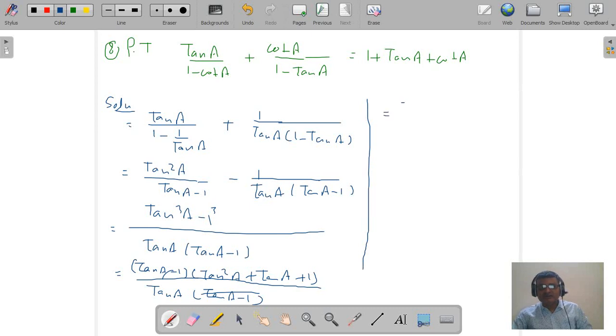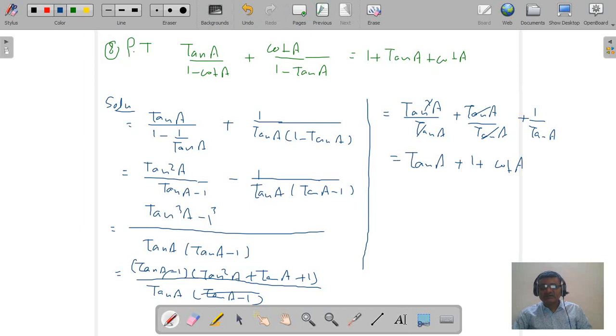So what we can do is now tan square A upon tan A plus tan A upon tan A plus 1 upon tan A. So tan A cancels, and this gets cancelled. So it is tan A plus 1 plus cot A. So we have just proved tan A plus cot A plus 1, which is the right hand side. So you have seen how we are using identities to solve this kind of questions.